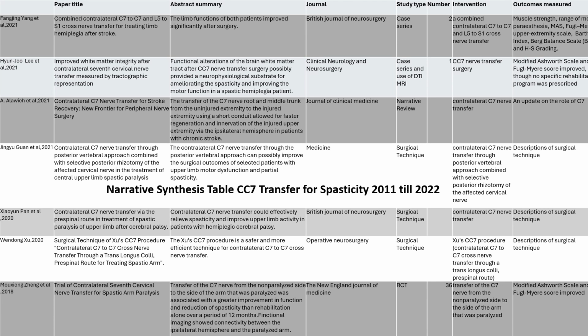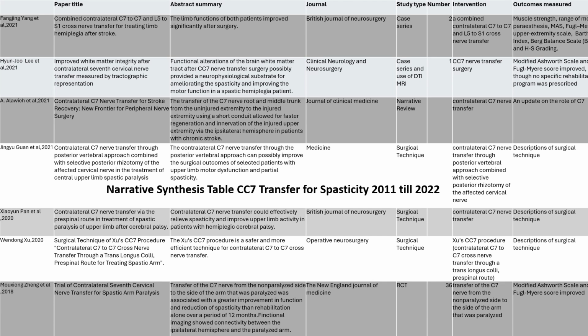A lot of the papers were also relating to surgical techniques of the contralateral C7: the paraspinal, the prespinal, the pretracheal, the prevertebral, and there was only one paper on the use of both contralateral C7 and L5 to S1 transfer for hemiplegia.